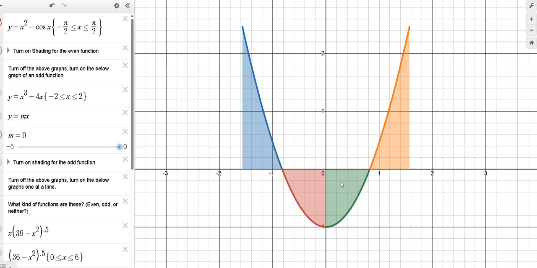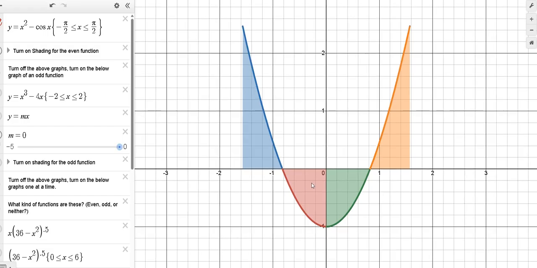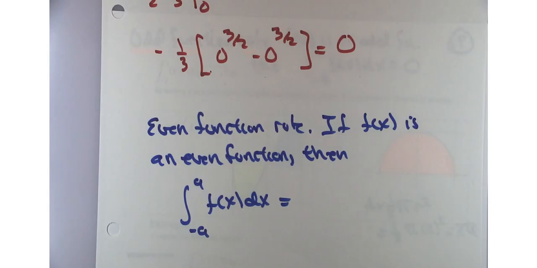But what can you say about the green area compared to the red area? They're the same, right? And the blue area and the orange area, again, the same. So you're really finding these areas twice. So what you could do is just find the areas once and then double it.